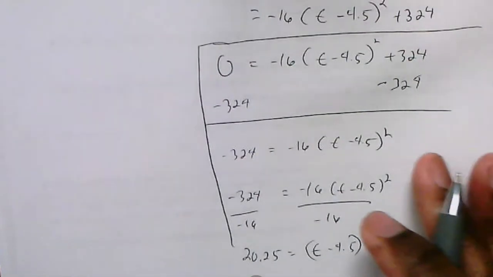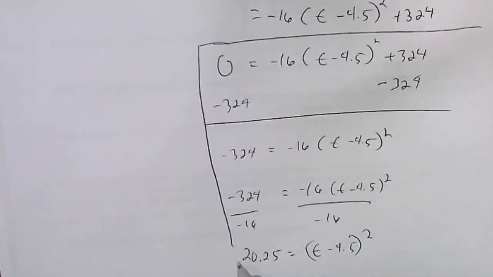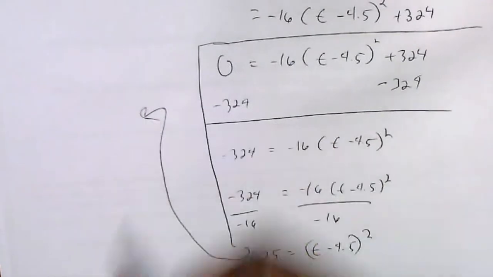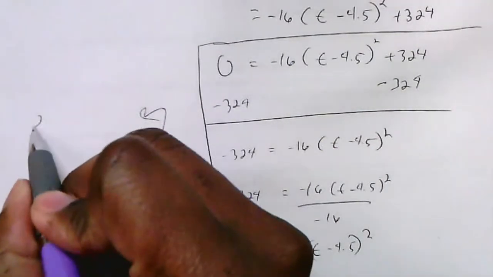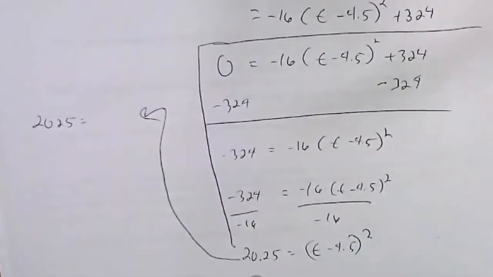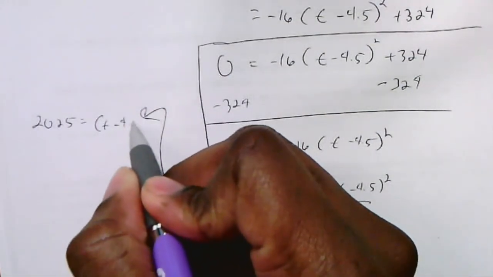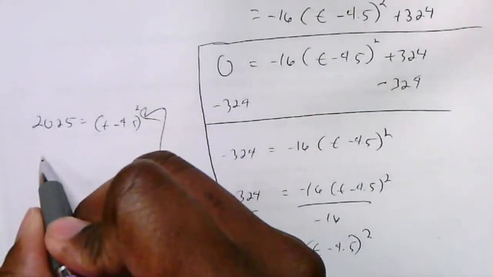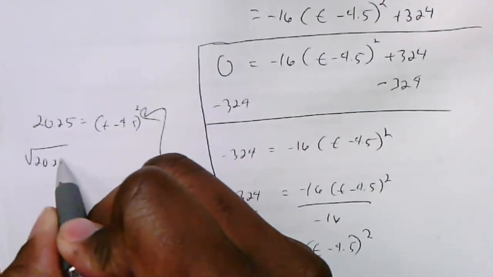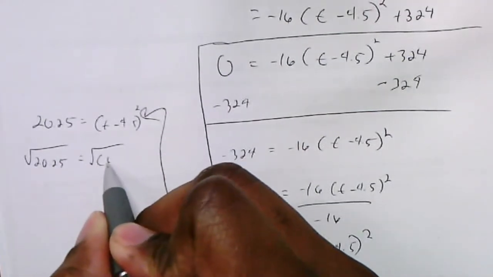That goes back to the early part in the year when you solved equations where you had to take the square root. So if I gave you 20.25 equals t take away 4.5 squared, you have to square root the left side and square root the right side.